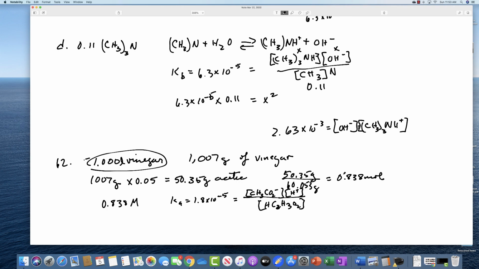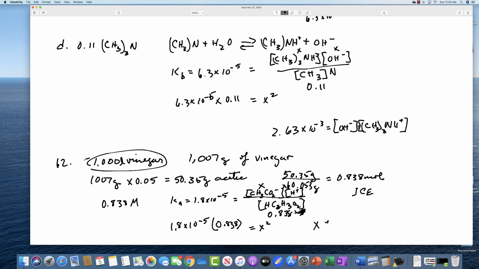So if we put this in our ICE equation, we know that we have x of this and x of this, and 0.838 minus x of this. And x is going to be small in comparison, so we can eliminate the x here. So x squared is going to equal 1.8 times 10 to the minus 5 times 0.838.